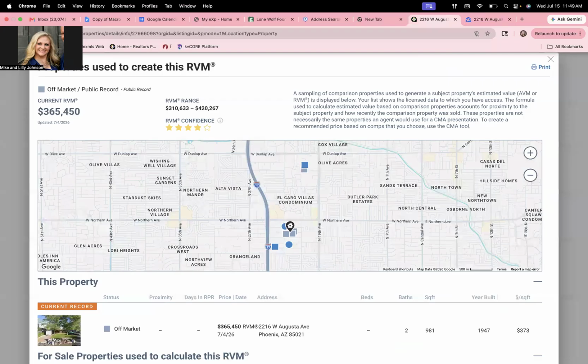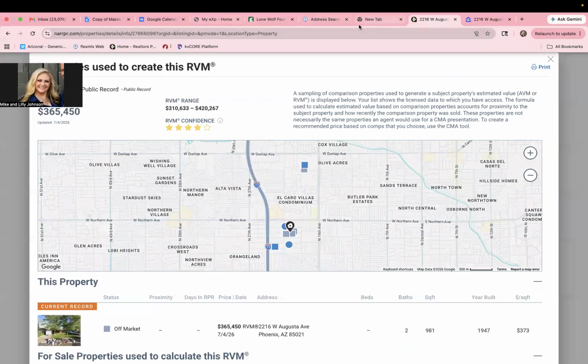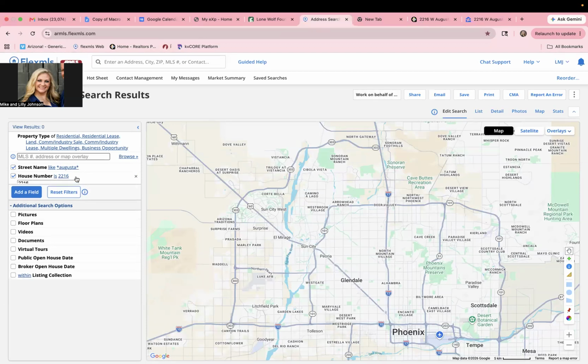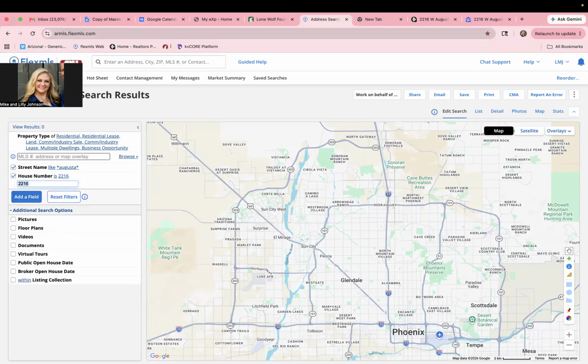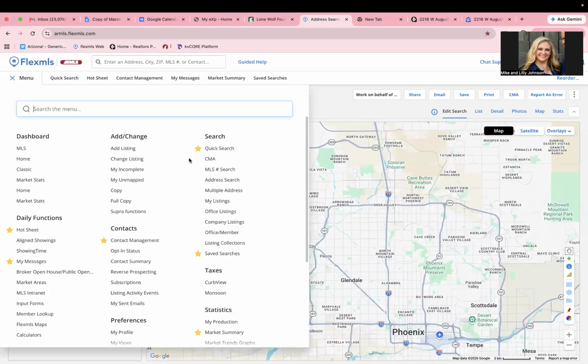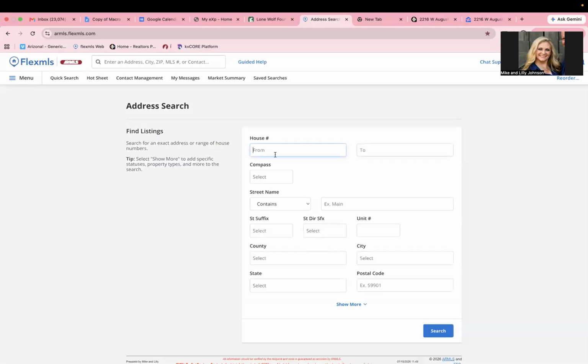I'm going to go back over here. So since I can't find that specific house, I am going to do an address search again, and I'm just going to do 2200 to 2220.